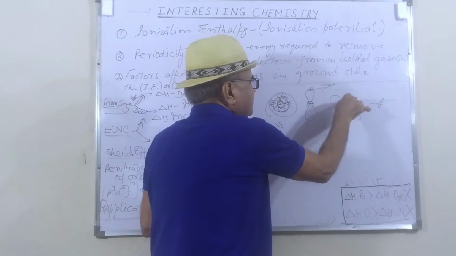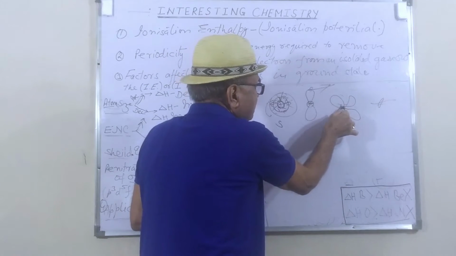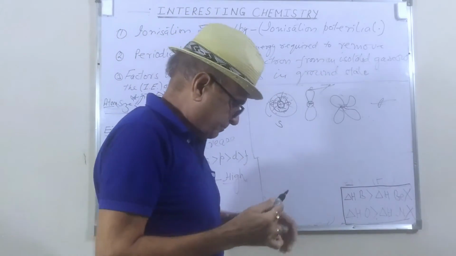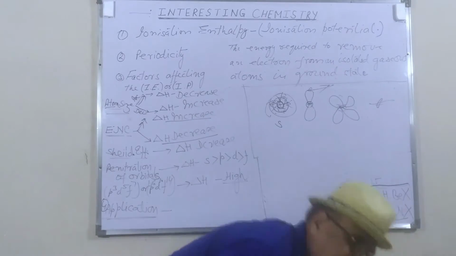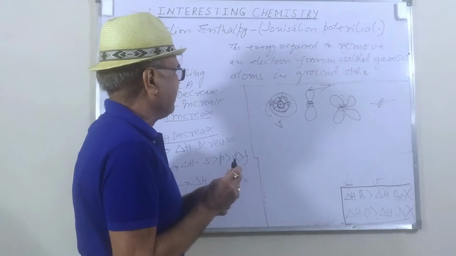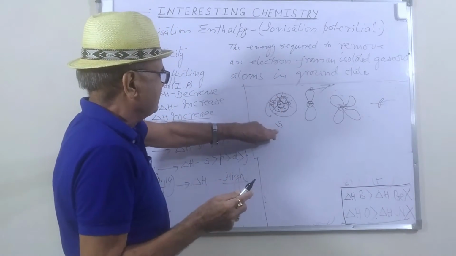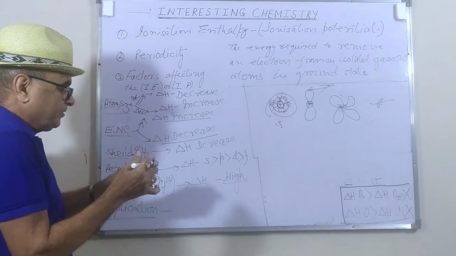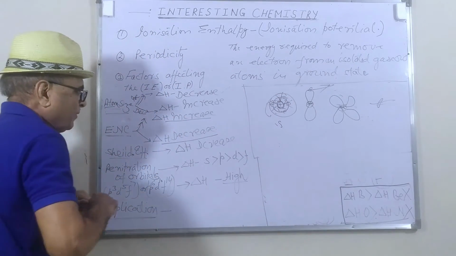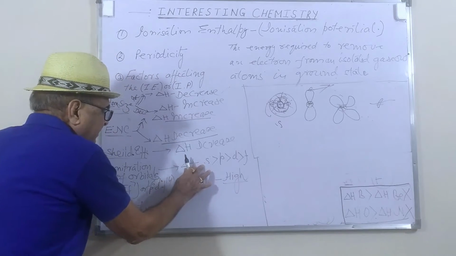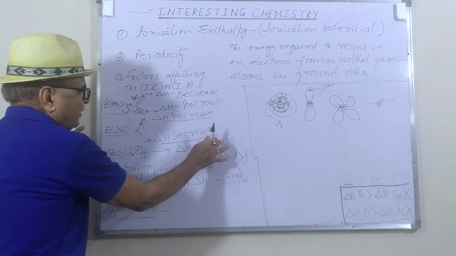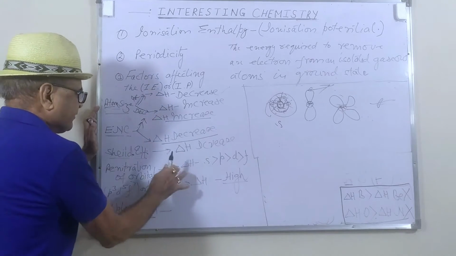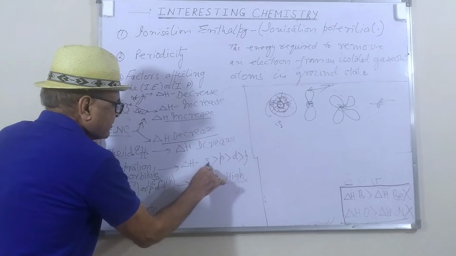When this electron goes, it means the shape of the SPDF depends on the penetration. The penetration power of s is more. So when you remove the electron from the s orbital, the shielding effect of penetration applies.